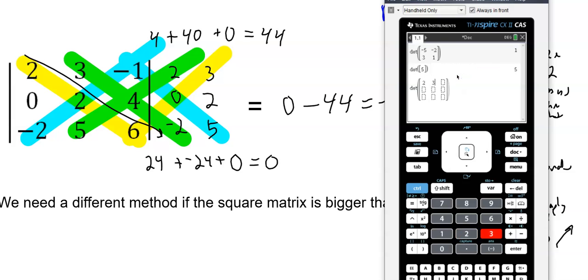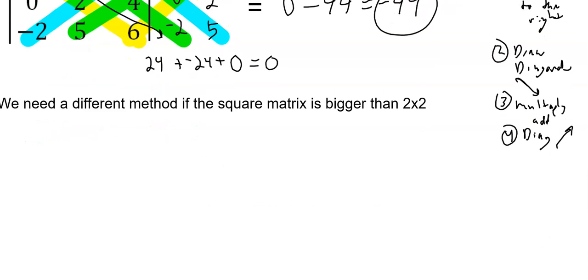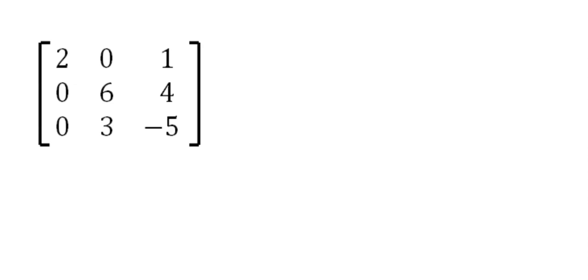So 2, 3, negative 1, 0, 2, 4, negative 2, 5, and 6. So negative 44 is in fact the determinant, which is what we got by hand. So that's good. It's easy to make a mistake in this kind of thing, but again, if you memorize the formula for the other one, it certainly helps a ton in this one.